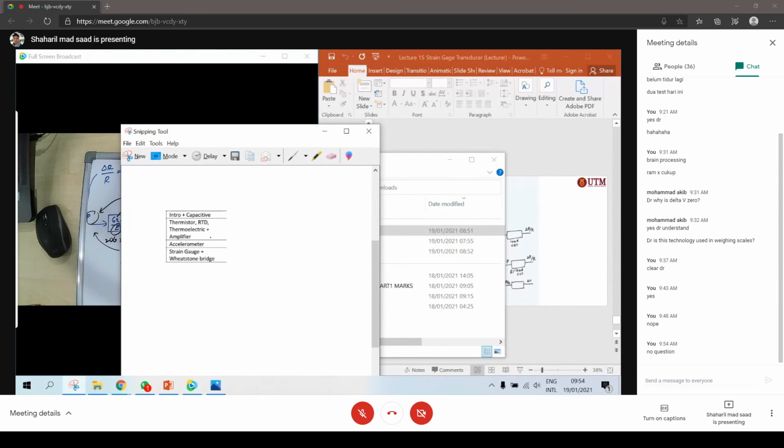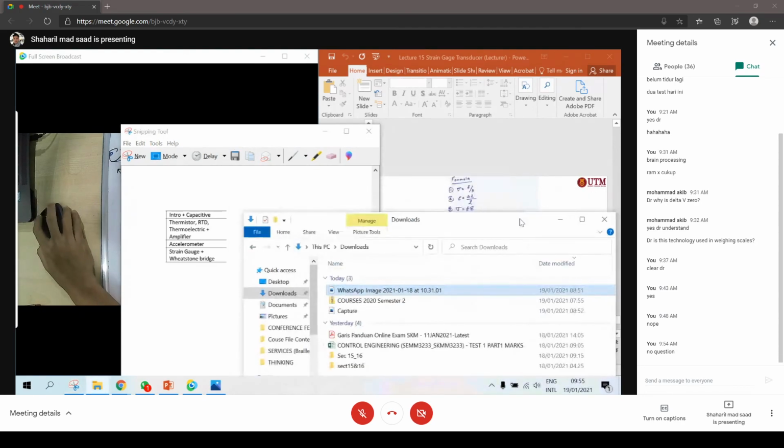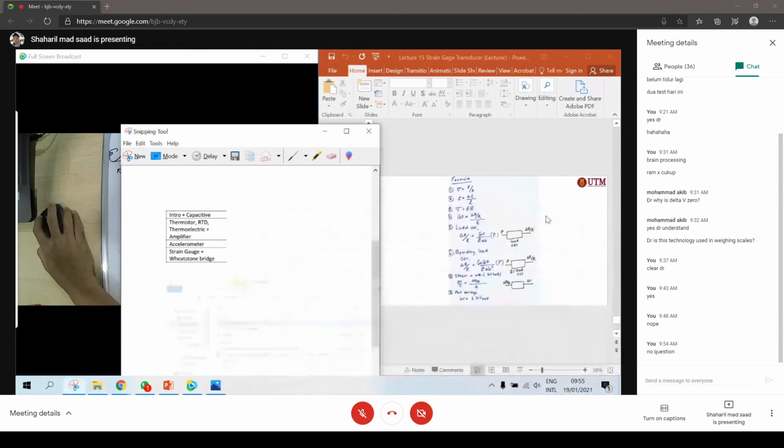Then capacitive transducer will be asked. Thermistor, RTD, and thermoelectric. Of course, all of these sensors will come with the amplifier, and accelerometer. And the last one is the strain gauge. Strain gauge, of course, will be combined with the Wheatstone bridge. We cannot avoid it. So these are the topics that will be asked for the test.